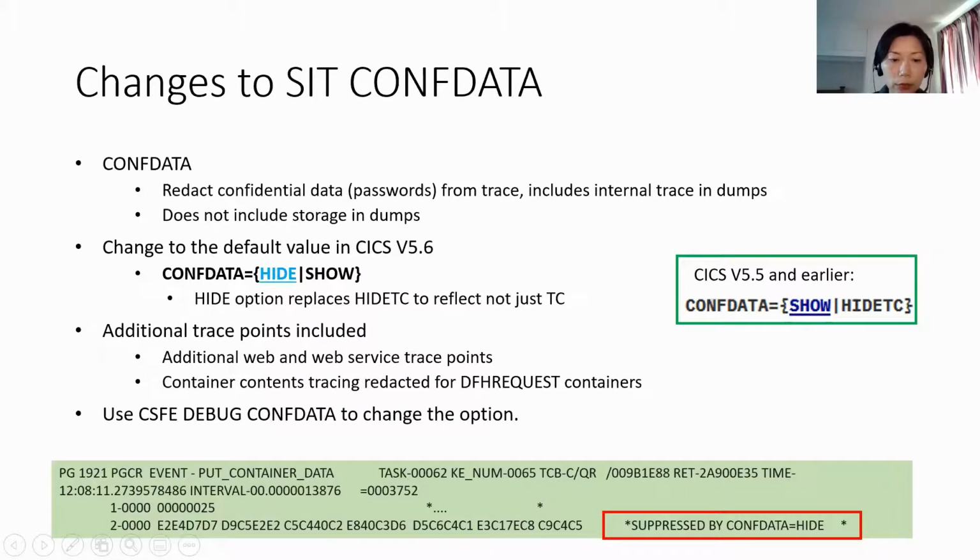So at the bottom of the screen, I'm showing you a trace which has this redacted credential. When you see a trace suppressed by CONFDATA equals hide, it means CICS redacted this part of the data because you have CONFDATA specified as hide.